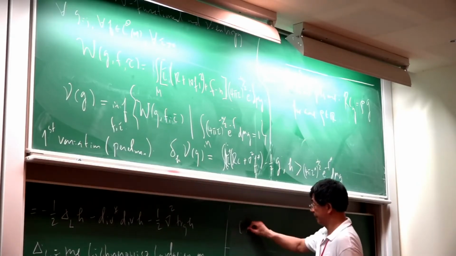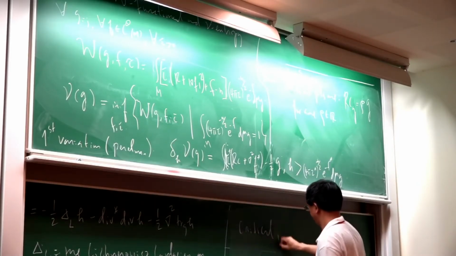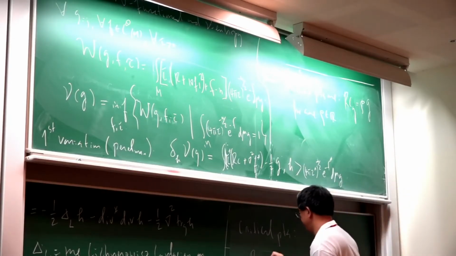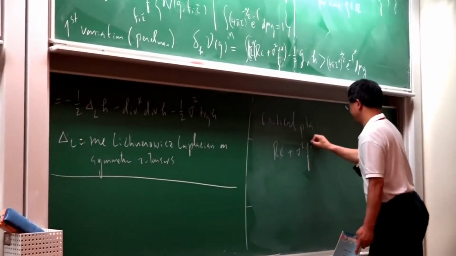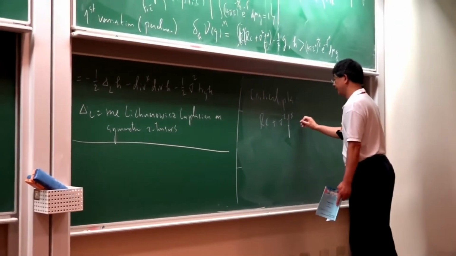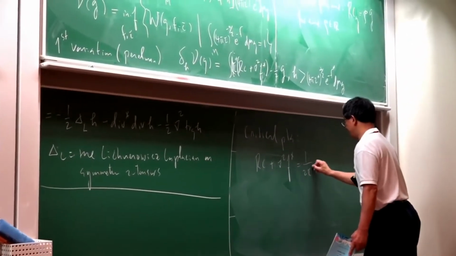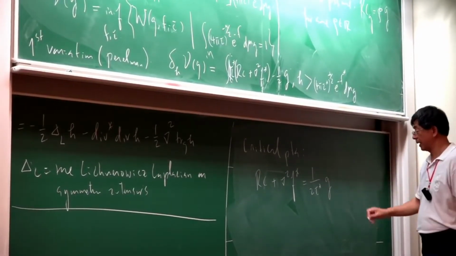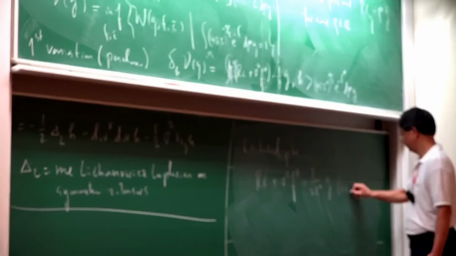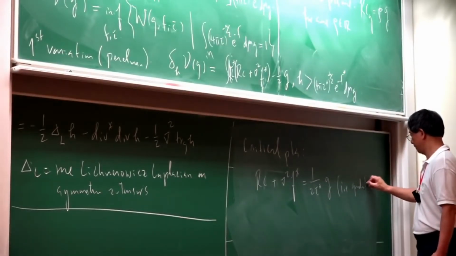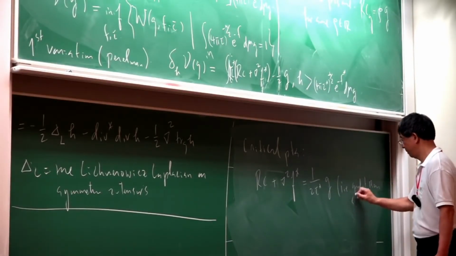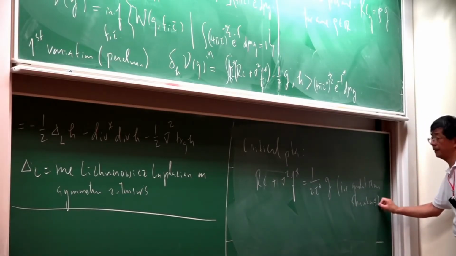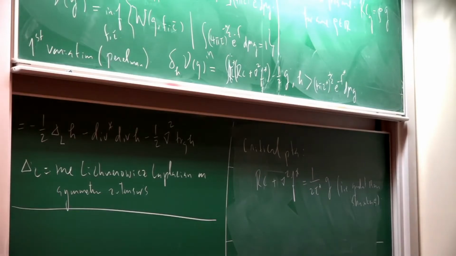So the critical points are simply Ricci plus some potential function f equal to 1 over 2 tau star of the metric g, and that's exactly a gradient Ricci shrinker.